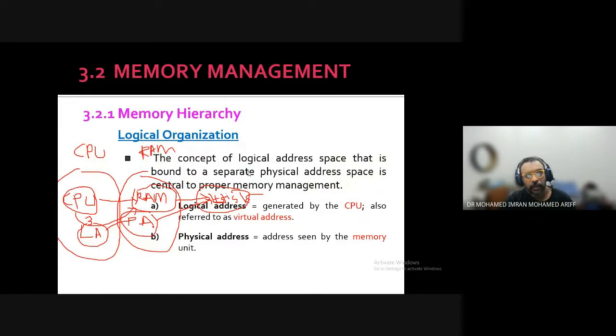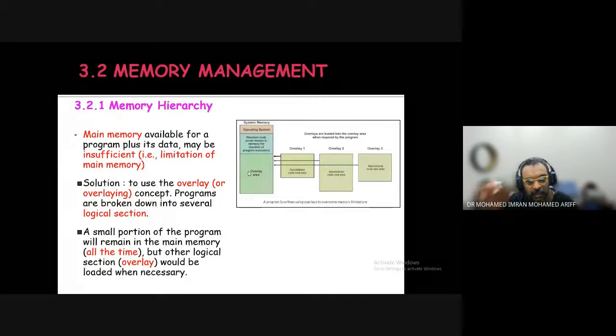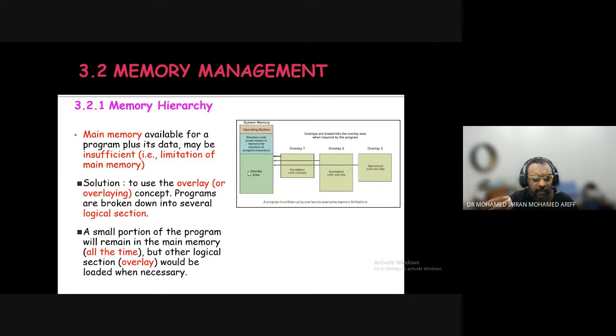Okay, so logical means the CPU will generate an address. Sebab dia nak file yang ada dalam hard disk. But the file is not inside the RAM. So what does the CPU do? CPU will come up with a logical address.